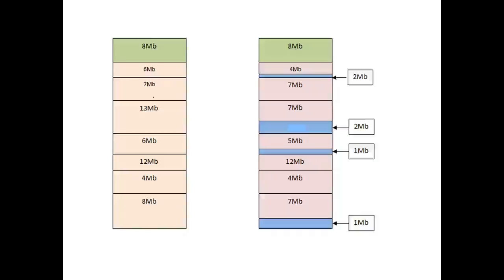You can see in this diagram, these are fixed size partitions of unequal sizes. After allocation of the processes to the main memory, these are the remaining memory spaces available in those partitions. You can see here 13 MB was available, and after allocation only 2 MB is free here.